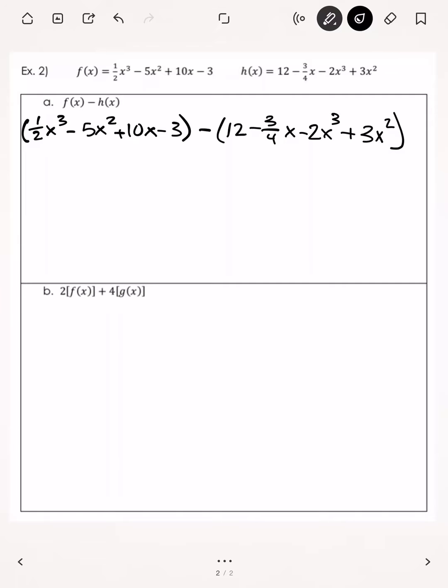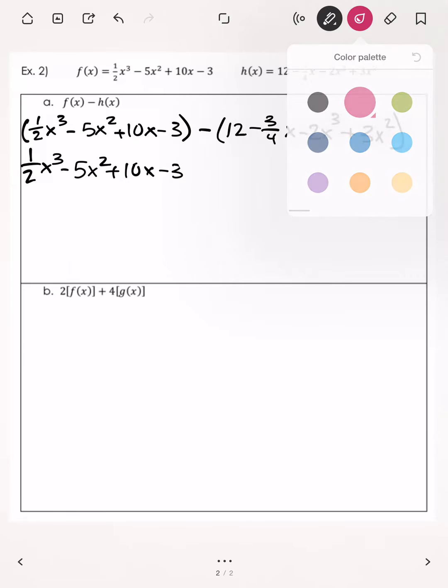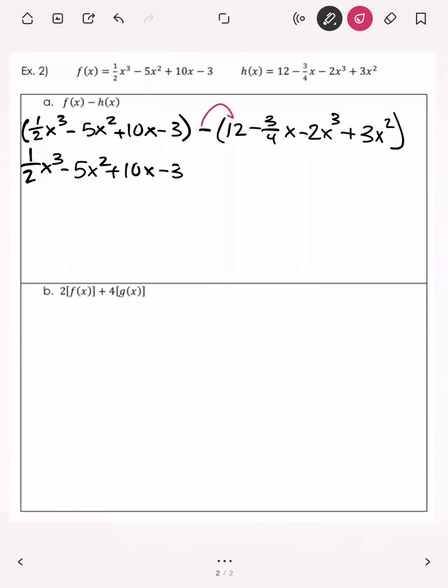Okay, so we're subtracting. Again, when we're subtracting, the first set of parentheses gets to stay the same. So we get this. The second set of parentheses, that's where we distribute the negative to everything after it.